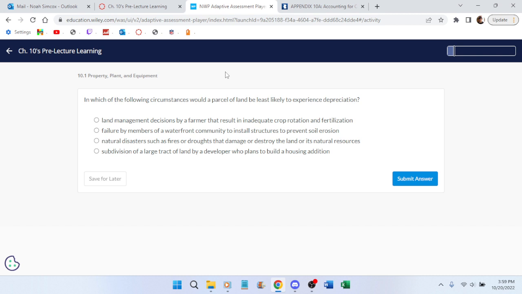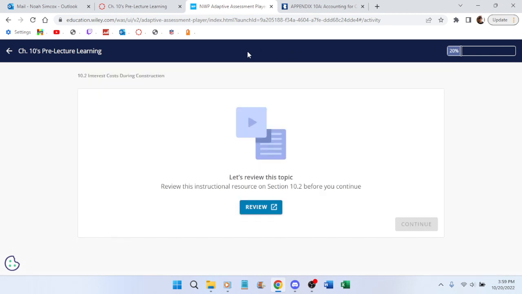In which of the following circumstances would a parcel of land be least likely to experience depreciation? So land, in all the other cases land was decreasing in its value.